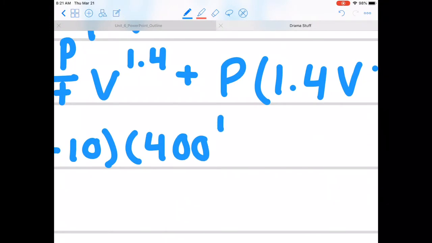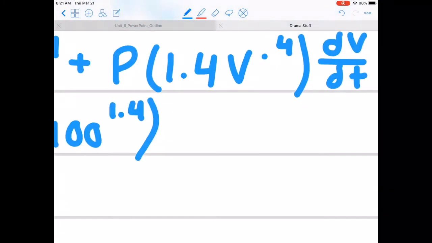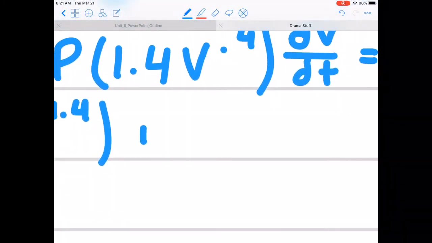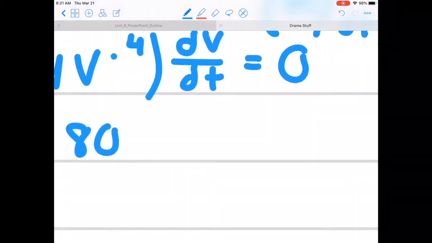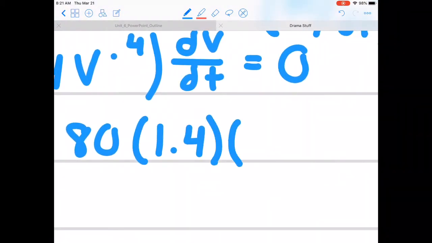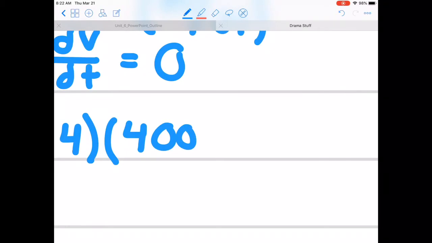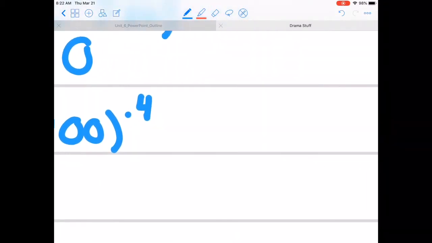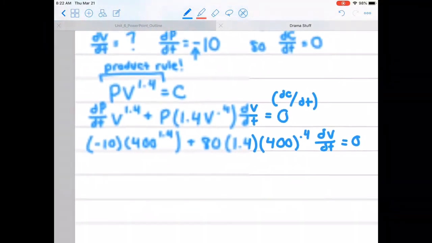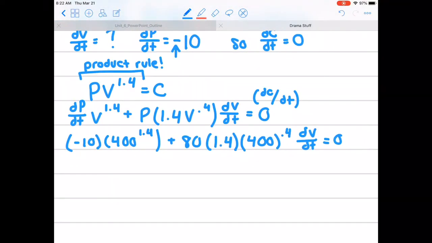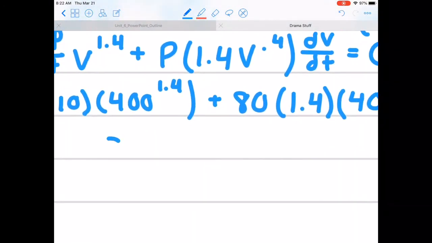Now we're going to plug in the values that we listed as our givens before. Now we're just going to simplify this by doing all the multiplication and all of the powers.